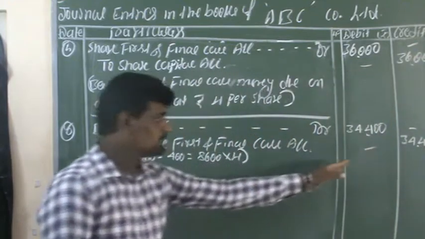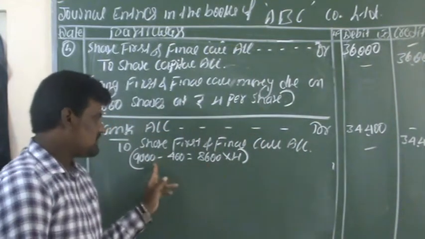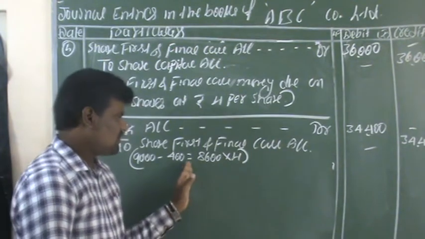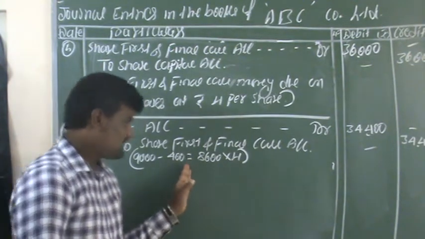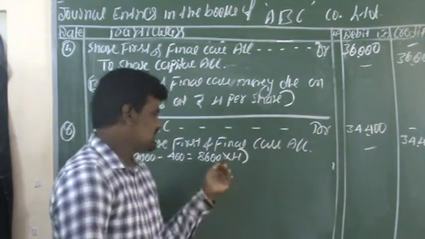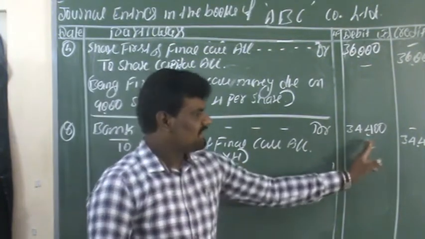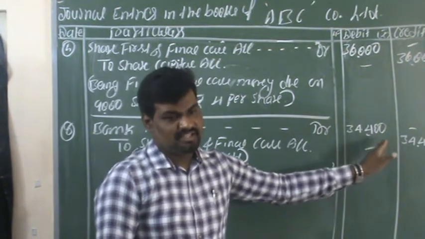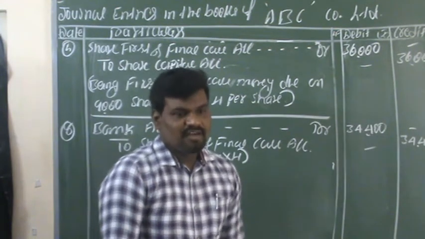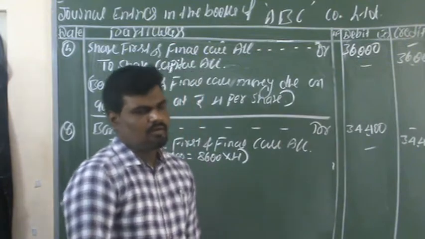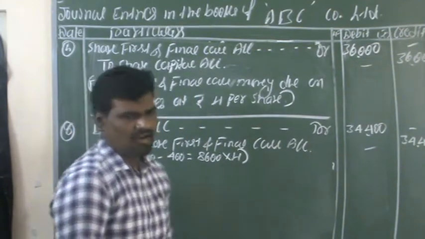Did you get the amount? So here, 9,000 shares minus 400 shares, the remaining actual shares are 8,600. 8,600 into 4 per share means 34,400 rupees. This much amount only we received from the first and final call stage.